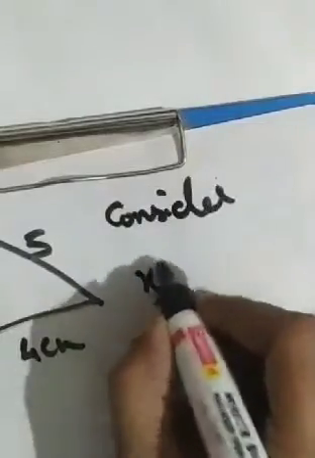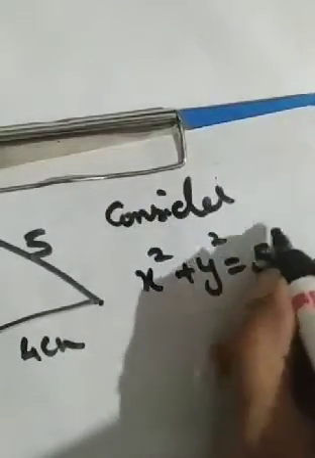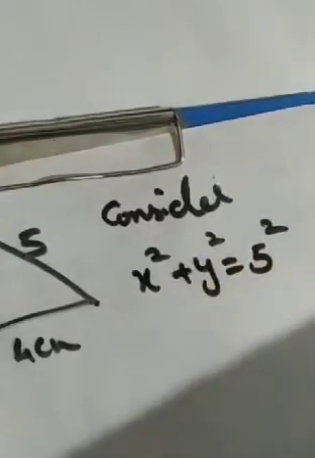So x is 4 centimeter. We don't know y. We know the length of the ladder is 5. You know how to find the other side if two sides have been given, using the Pythagoras theorem, isn't it? Consider x square plus y square is equal to 5 square.